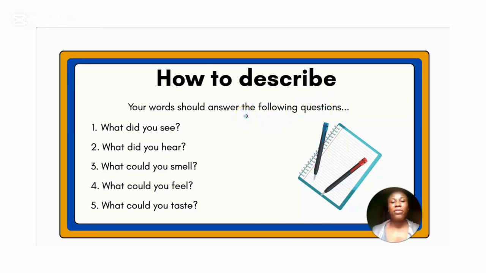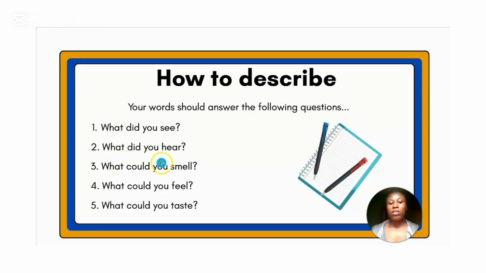Your words need to answer questions like, what did you see? For example, I saw a brown dog. Okay, that's a description. The dog is brown and it was barking, right? So that's a description. What did you hear? A barking dog or something.